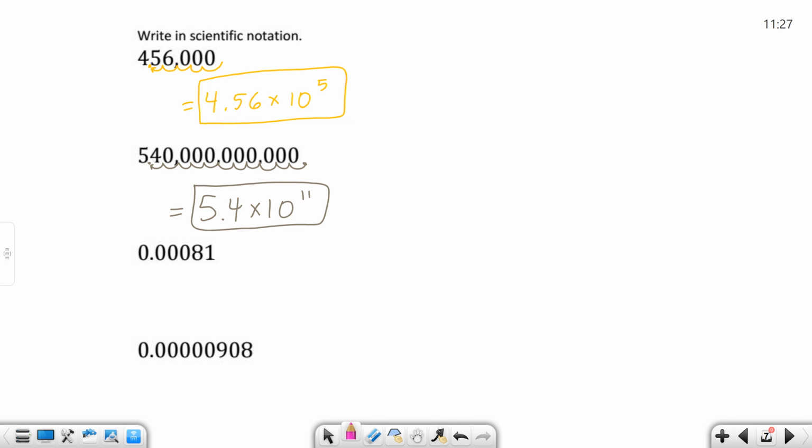And then 0.00081, the decimal is visible here. We see it because we start with an actual decimal, meaning less, not necessarily less than 1, but something that goes out and has tenths, hundredths, thousandths, that kind of thing. So here it goes out. So where does the decimal go? Between the 8 and the 1. So we move it 1, 2, 3, 4.